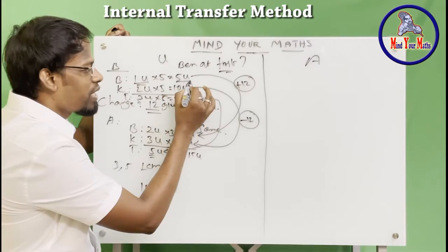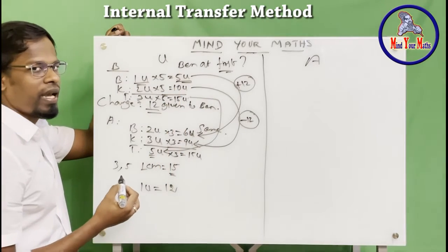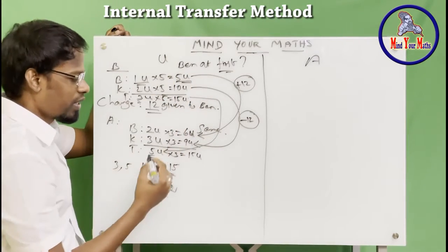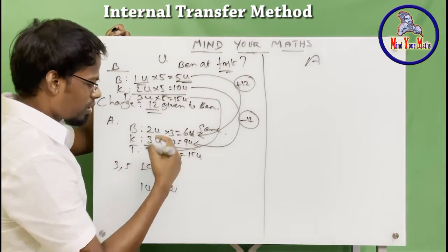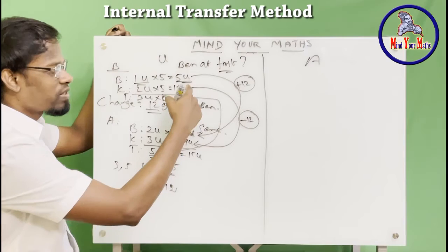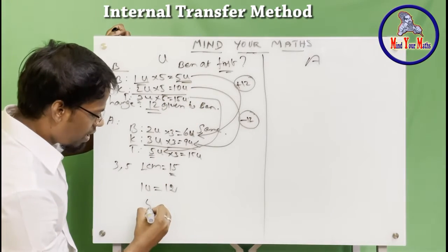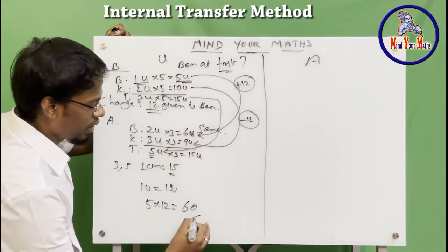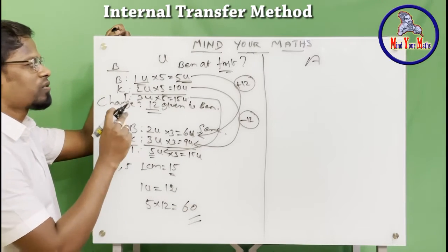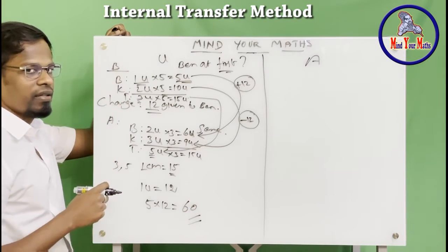So we should be taking these 5 units to calculate what Ben had at first. 1 unit is 12, so 5 units is 5 times 12 equals 60. So 60 marbles is what Ben had at first.